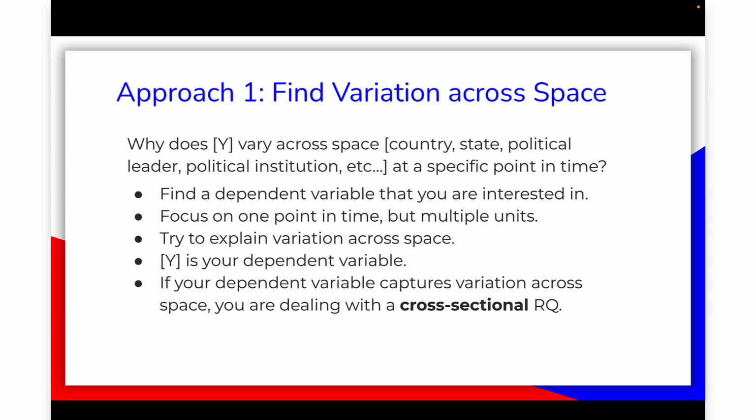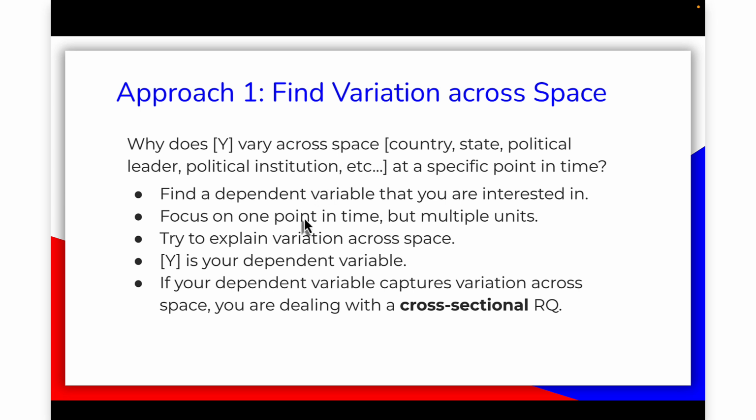In any case though, this first approach, find variation across space: why does Y, my dependent variable, vary across space, whether country, state, political leader, or political institution, at one point in time. So this means five things. You need a dependent variable that you are interested in, right?